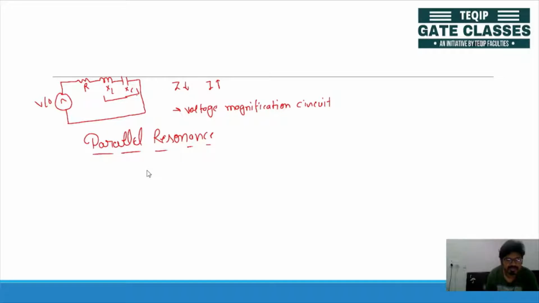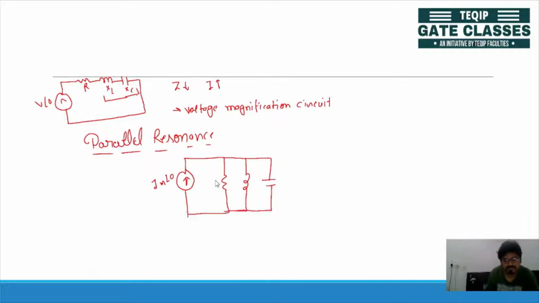Now for parallel resonance, let's say we have a current source, I angle 0, with variable frequency, and we have a parallel RLC circuit like this.